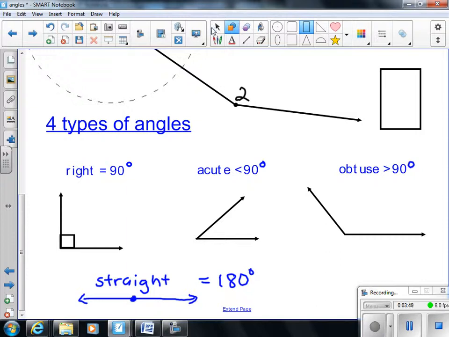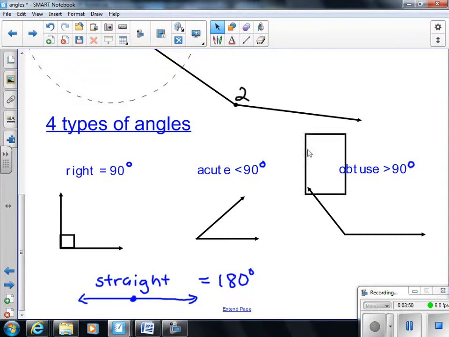Okay, so if I'm going to put the edge of my paper right here, is the other ray out here somewhere where I can see it? No, so it's going to be acute. Whereas if I pull it over here, can I see the other ray part of my angle? Yes, so it's obtuse. And then if I put the corner of my piece of paper right there, it matches it perfectly, so it is a right angle. So that's what I call the paper test.